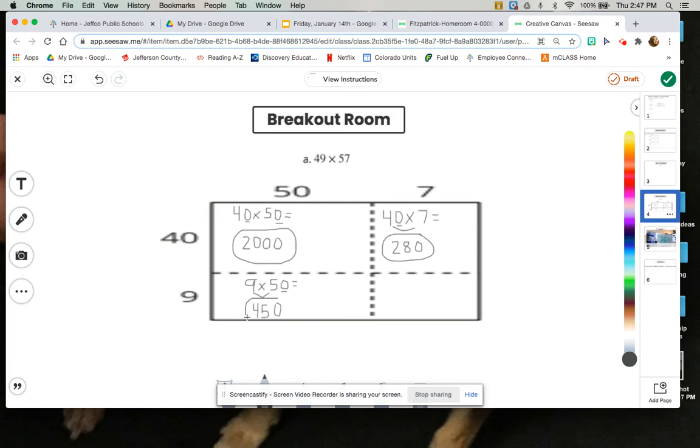And then we're going to circle our partial product or subproduct. And then finally in this box, we're going to do 9 times 7. And 9 times 7 is 63. And there are no placeholders, so our partial product is 63.